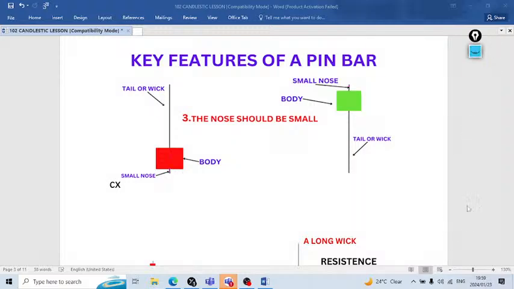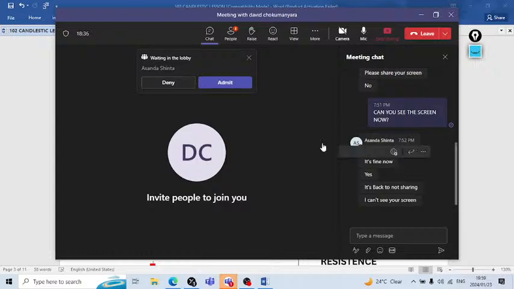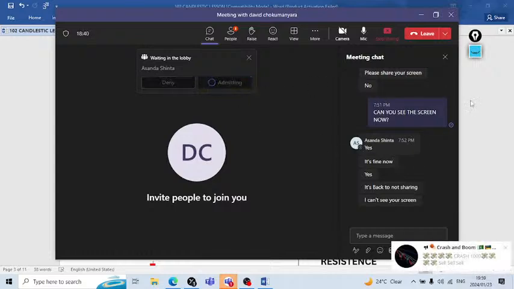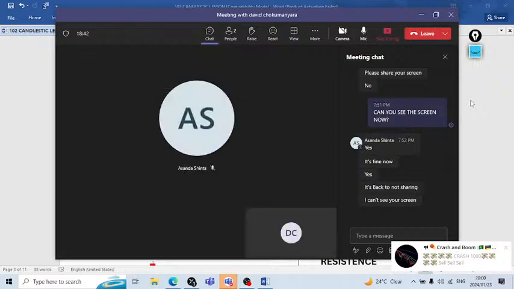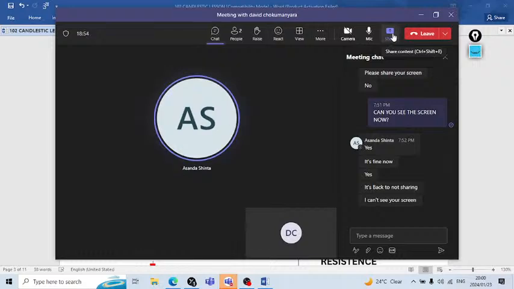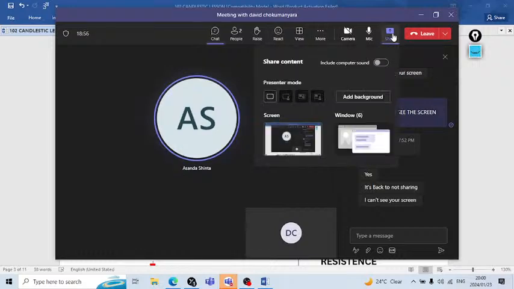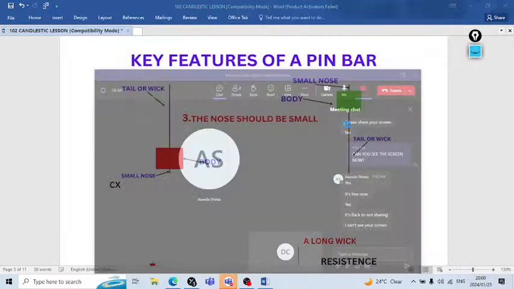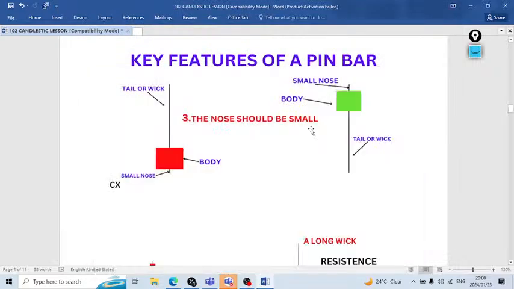Okay, let me just check something. Shaz, can you see the screen? Are you able to see the screen? No, I can't see anything. Okay, let me try to share it again. Can you now see it?